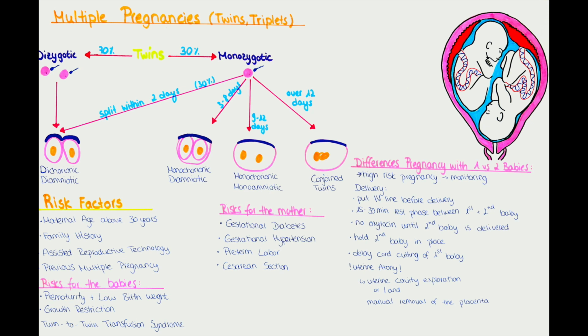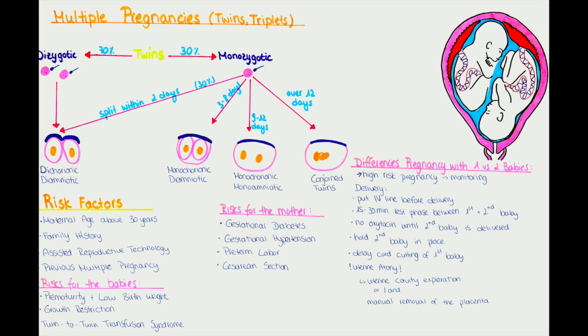Also important is that when there are more than two babies in the same pregnancy, various forms of zygosity, chorionicity, and amnionicity can be present. For example, in the case of triplets, it is possible that two fetuses are monochorionic and share one placenta, and the third baby has its own placenta.